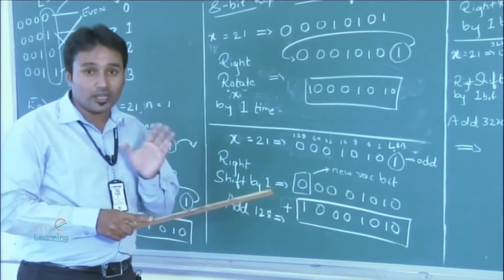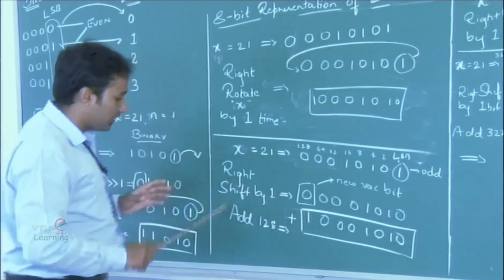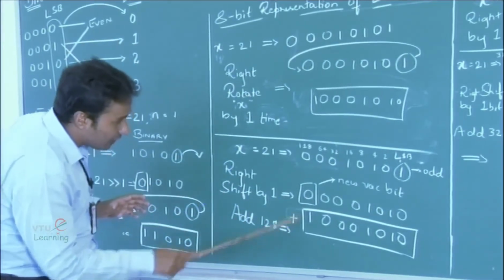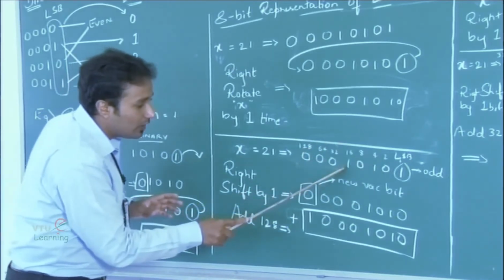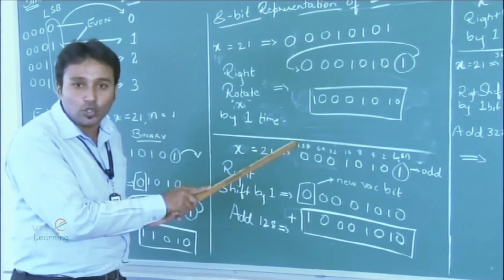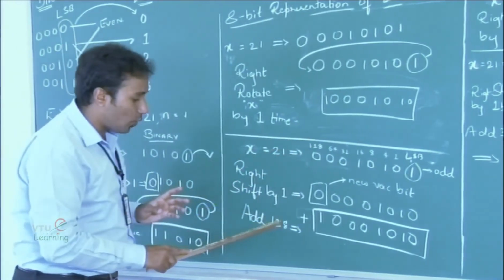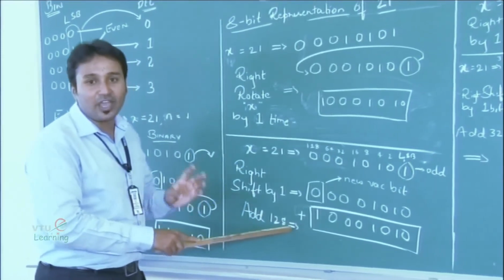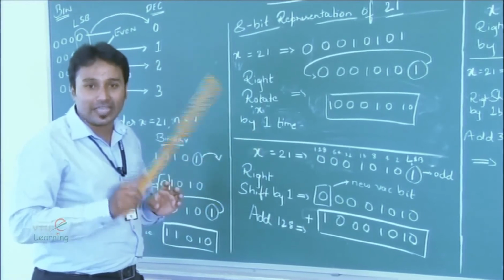But we have not completed the right rotation. To complete the right rotation, we need to add the value of the MSB. Since we have 8 bits, we have to add the value of 2 to the power of 7, which is 128. If we have 4 bits, we need to add 2 to the power of 3, that is 8.